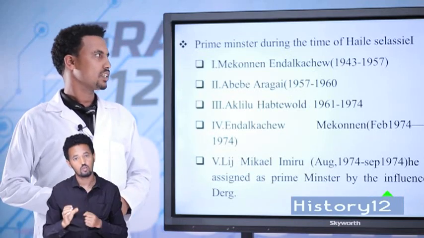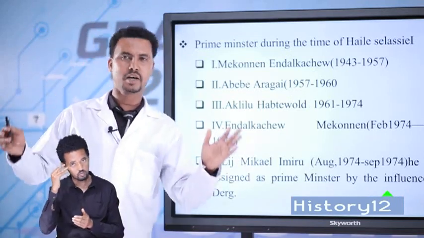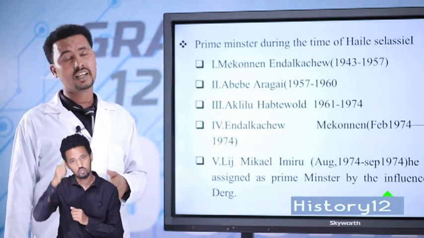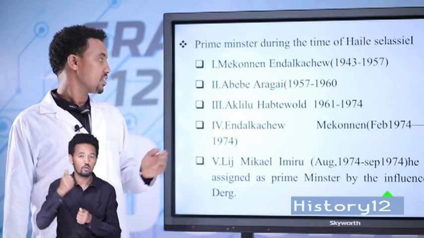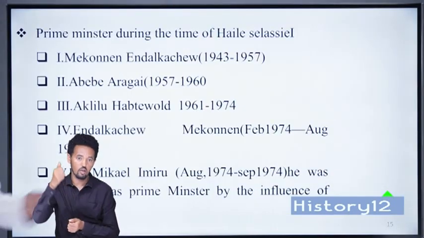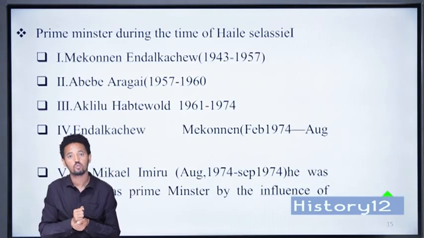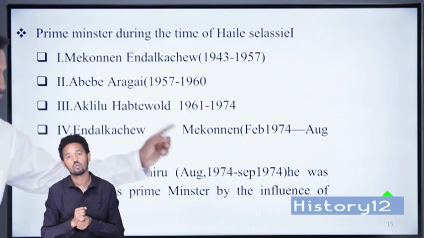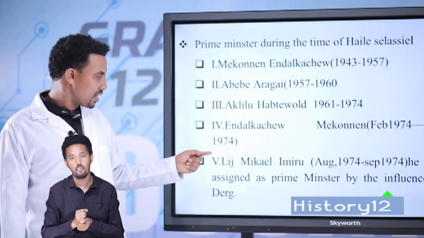Prime ministers during the time of Emperor Haile Selassie: the first prime minister, Makonnen Endalkachew. The second one, Abebe Aregay. The third one, Aklilu Habtewold, from 1960 to 1974. The fourth one, Endalkachew Makonnen, from February 1974 up to August 1974.